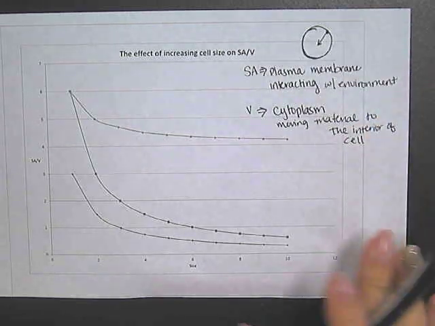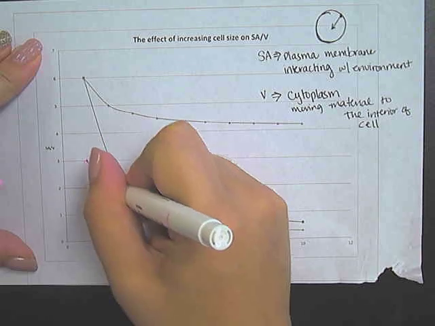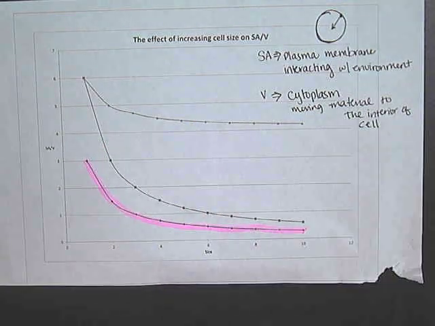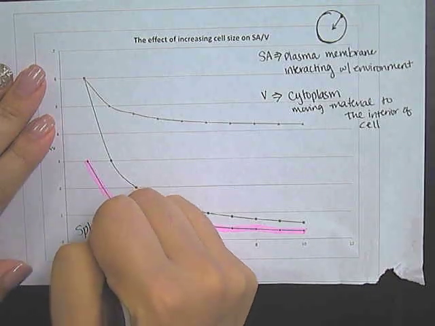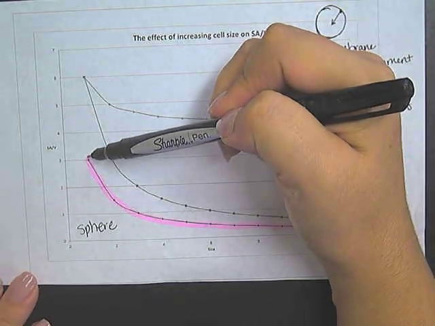So what you've done is you've done these calculations for different types of cells. And the first one that we did is represented by this line right here. And this is the surface area to volume ratio of a sphere-shaped cell. And what you'll notice is that your surface area to volume ratio was at 3.